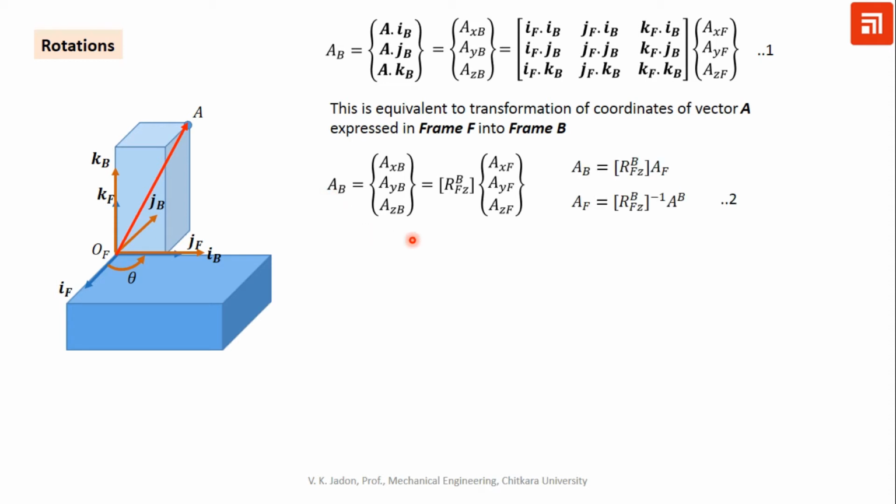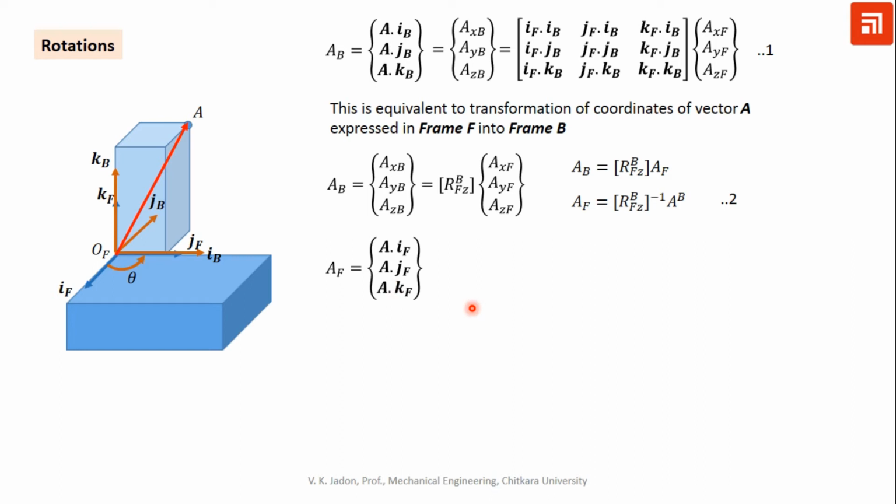If we want to convert a component of vector in body fixed frame into component of vector in fixed frame, we have to take inverse of this. Likewise, we can also express this vector A in fixed frame, and those components of that vector in fixed frame can be obtained by taking the dot product.